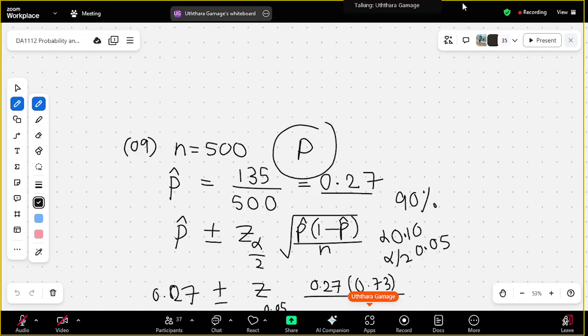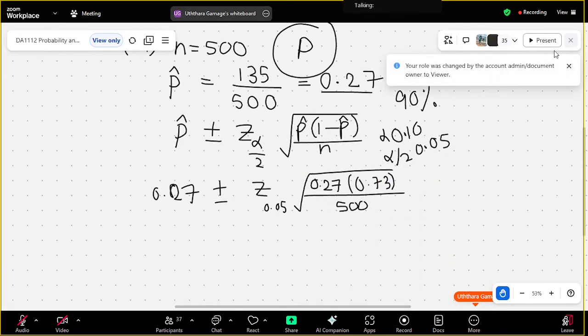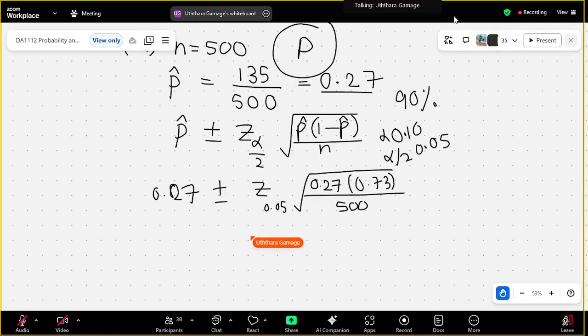And N is 500. That's it. So what is the Z value? 1.645, right?